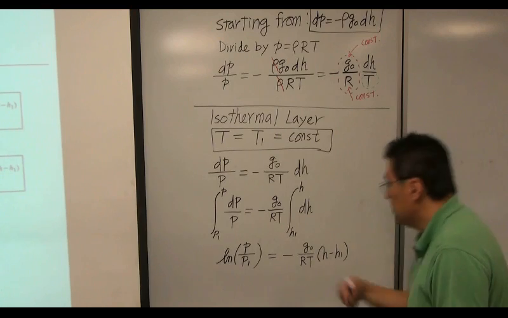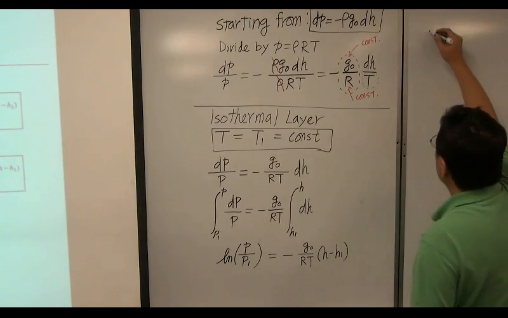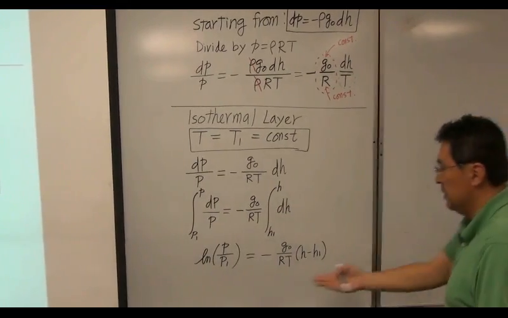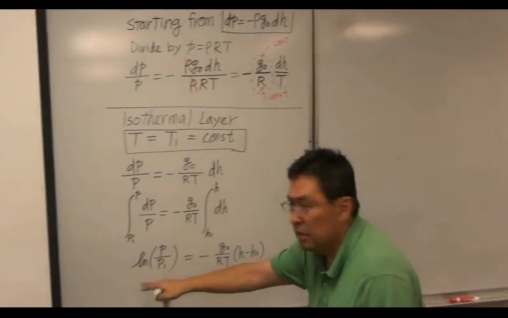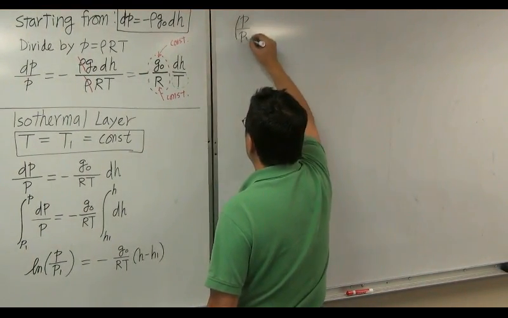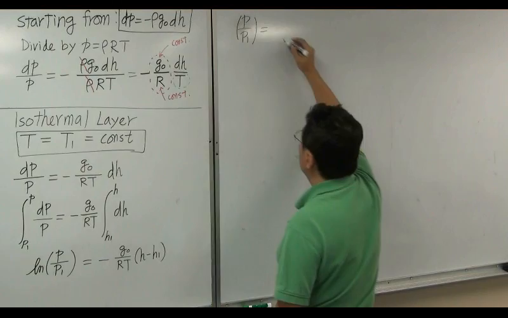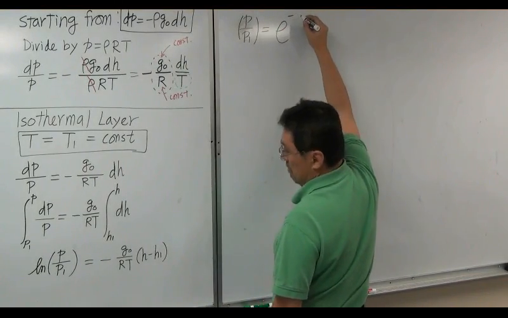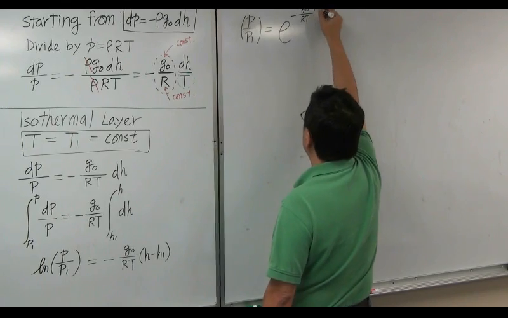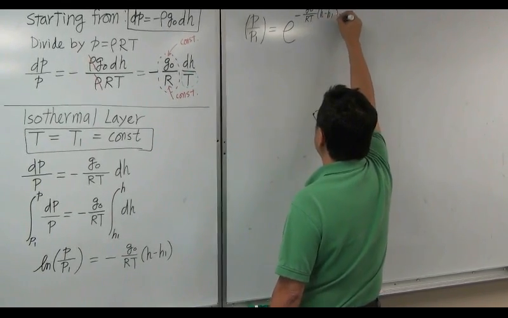Let's take an exponential of both sides to get rid of the natural log. That means P over P1 is equal to the exponential of minus g0 over RT multiplied by h minus h1.